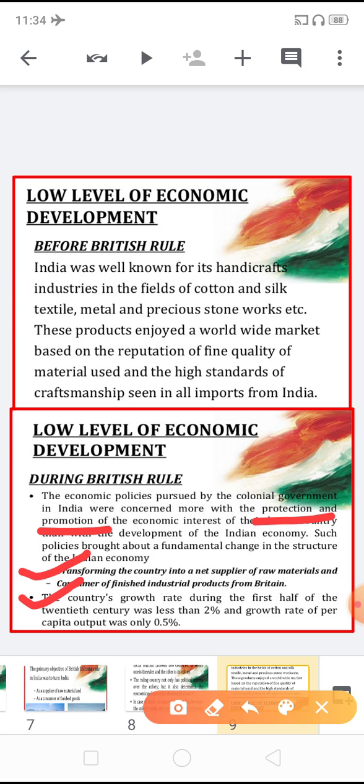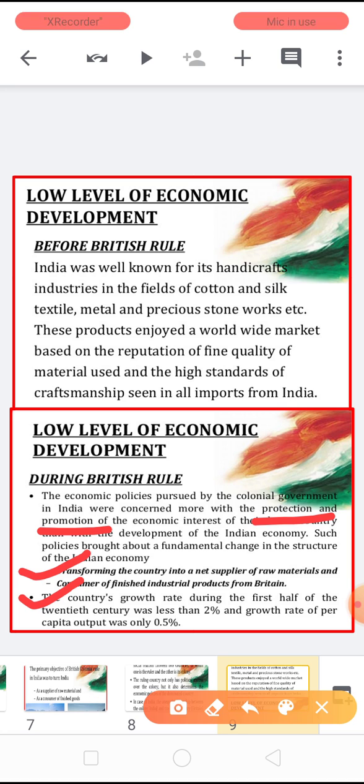So they started exporting the raw materials to their own country. From there, that raw material was converted into finished goods, and then again imported into the Indian economy, where it faced competition.